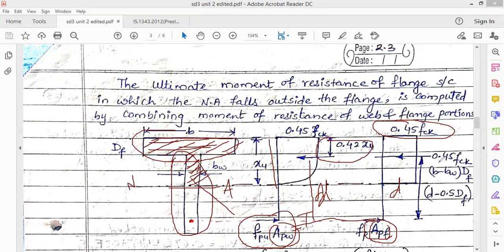And this force is 0.45 FCK into B minus BW into DF. With these two stress blocks, we will obtain the equation to calculate the moment of resistance.